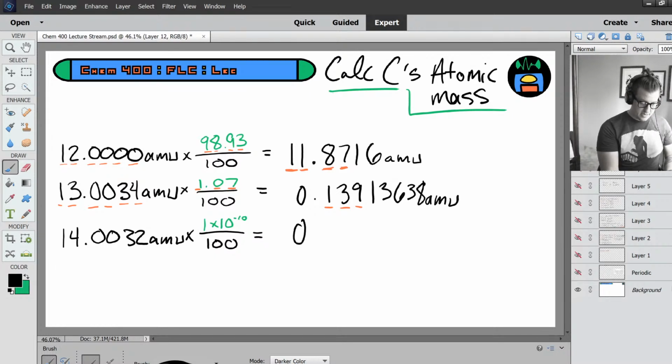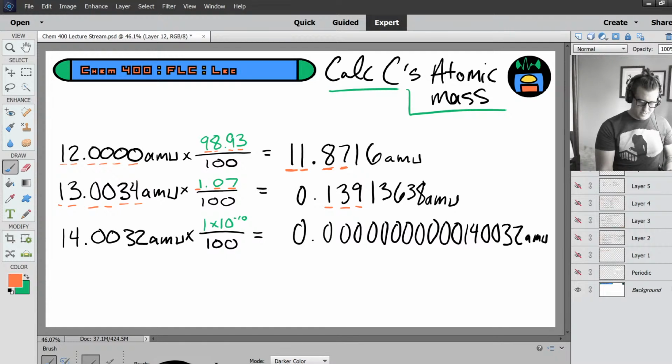This comes out to be 0.1, 2, 3, 4, 5, 6, 7, 8, 9, 10, 11 zeros followed by a 1, 4, 0, 0, 3, 2 AMU. All right. Our atomic mass has 6 sig figs. Our percent abundance only has 1, so we can only keep 1 significant digit here.